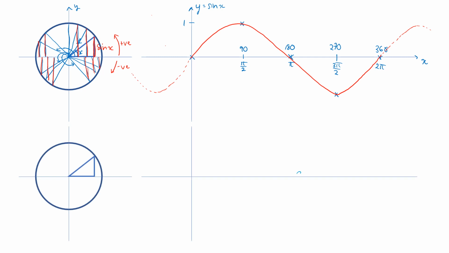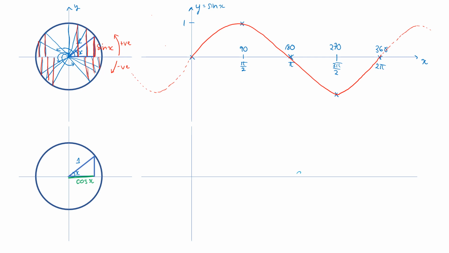If we think this time instead about the base of our same triangle, so the same unit circle, same base value of x, but this time think about the base of the triangle, we would again go back to our trig relationship, so SOHCAHTOA, and figure out that that is actually cos of x. So by looking at how the base changes, I should be able to create the curve for cos.